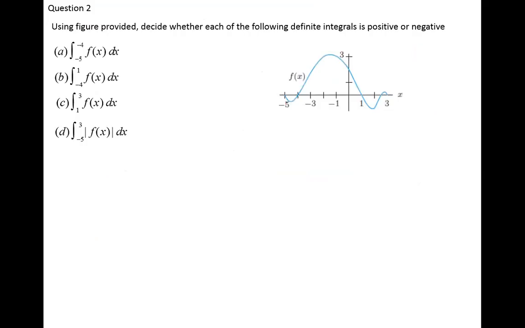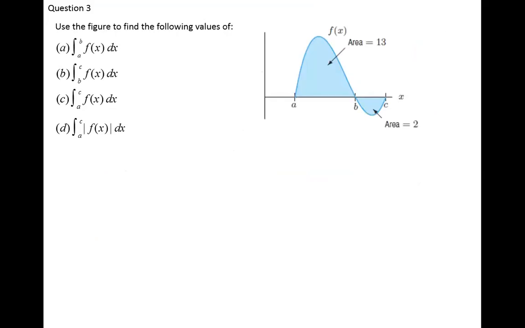Shall we do this one? Or maybe, because this is the same thing, let's do this. Use the figure to find the following values of the integral, and then we have the integrals from a to b, from b to c, from a to c. Oh, we can skip the absolute value for now, because we don't have to.